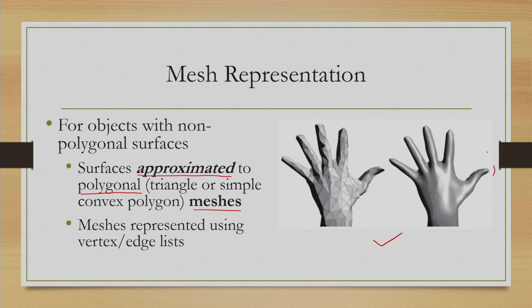Here this hand actually does not contain any polygonal surface, but this hand surface I can approximate with this type of triangular meshes where lots of triangles are used to approximate it. And again these meshes are represented using vertex and edge lists.